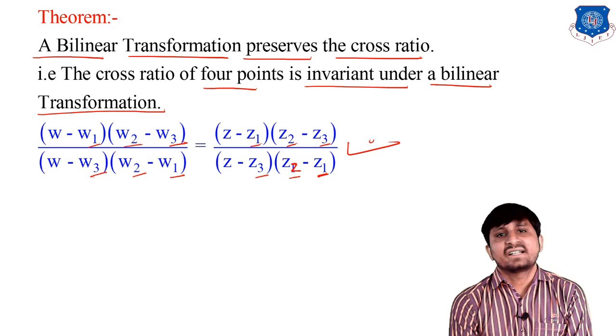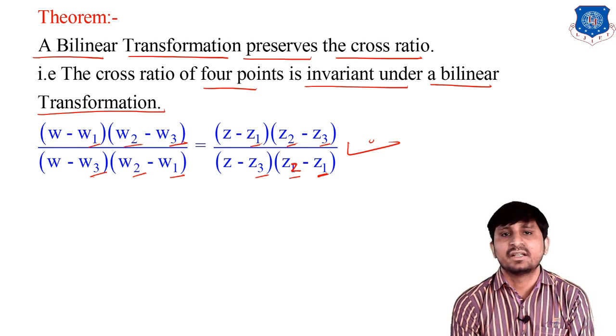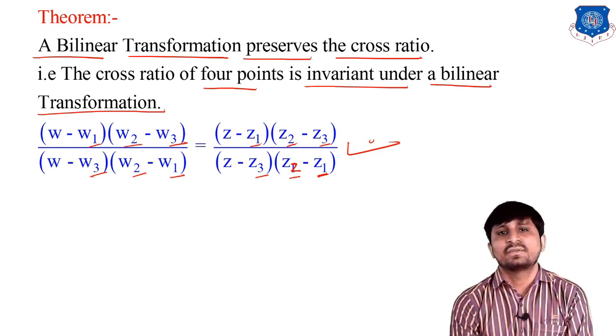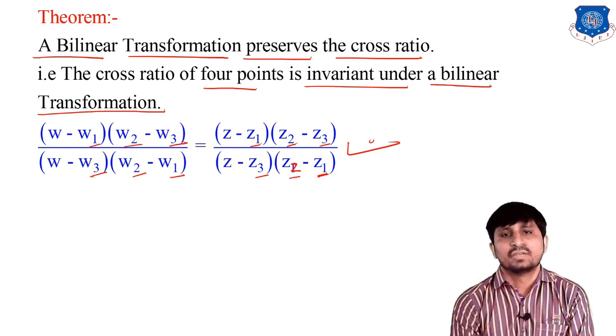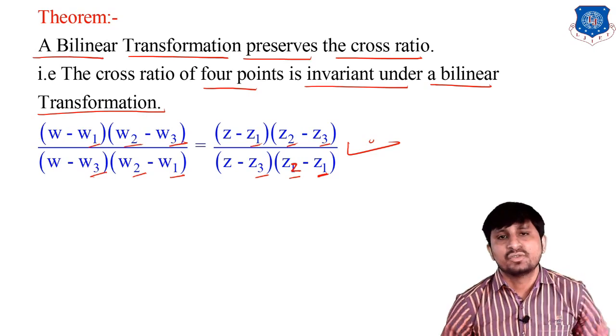Let's try to find the bilinear transformation if this type of points are given. In the z plane we have 3 points, and the images of those 3 points are w1, w2, w3 in the w plane. Let's see how we can find the bilinear transformation using this method.